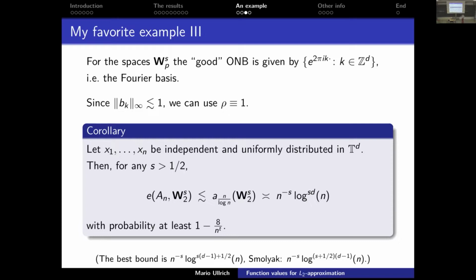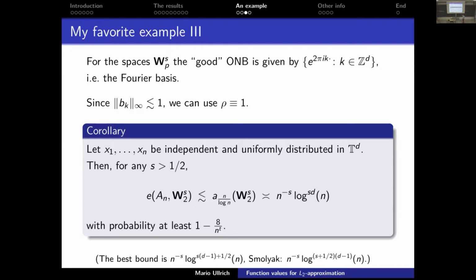Let me say, the Kadison-Singer and Weaver theorem, if you want to get the good point set, that's very not constructive. Basically, most likely you will never be able to do that on a computer. That's only an existence result. But this is just purely constructive. Okay? So as a comparison, note here is s times d. The best bound we can get is s times d minus 1 plus 1/2.